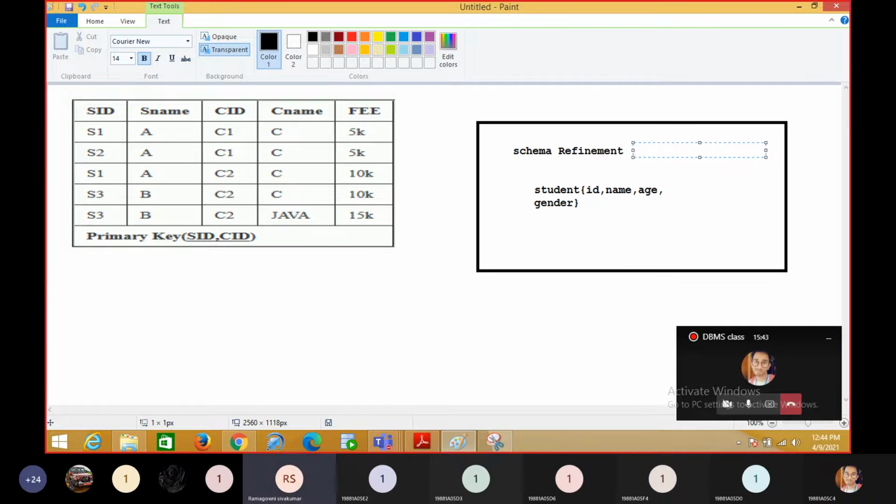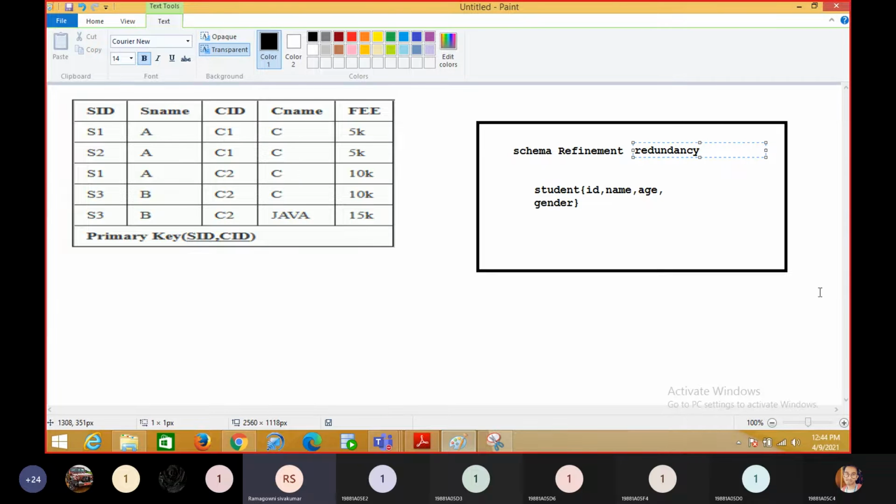Or we can say redundancy problem. Redundancy means what? Can anyone reply to me? Redundancy means duplicate data.